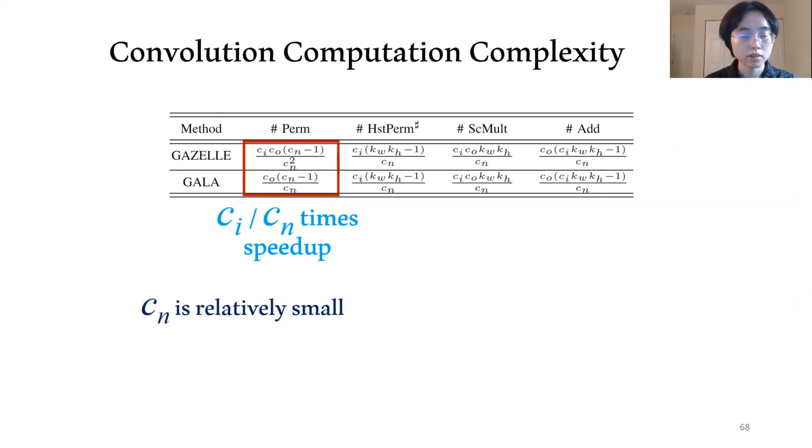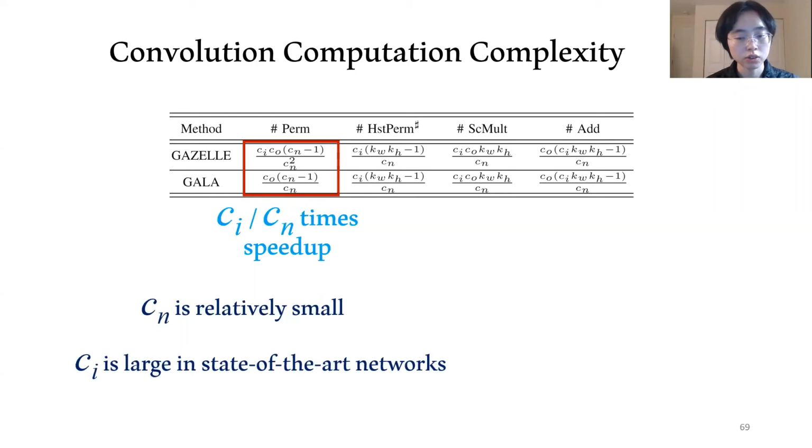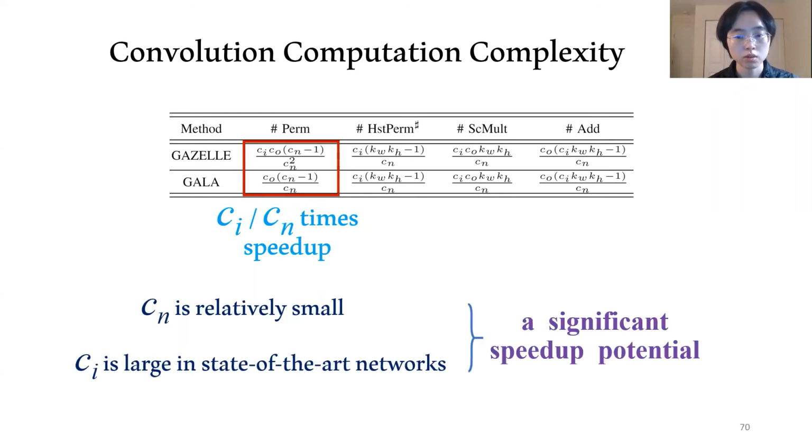Here, Cn is the number of channels in one ciphertext, which is relatively small because one channel will take certain slots in one ciphertext. Ci is the number of input channels, which is relatively large in state-of-the-art neural networks. So this Ci over Cn will give GALA a significant speed-up potential.